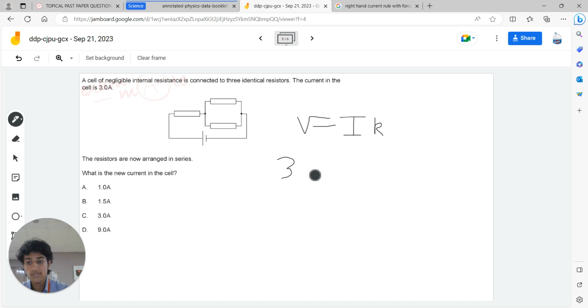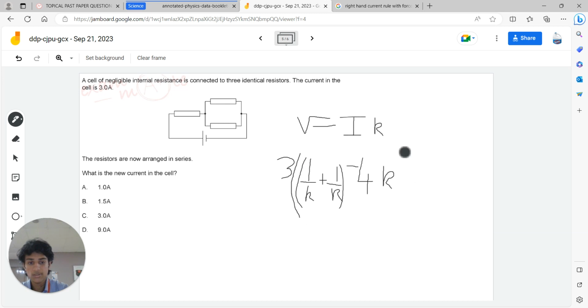To calculate the total resistance in parallel, we do 1 over R plus 1 over R, and then we flip this around and add the other resistance. The resistances are all equal. After we add this, we add them in series.